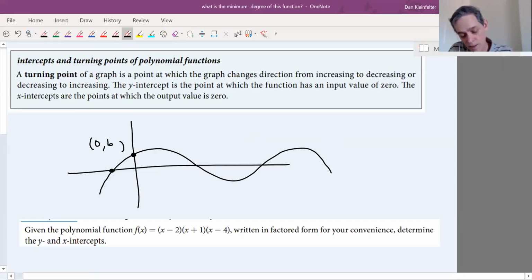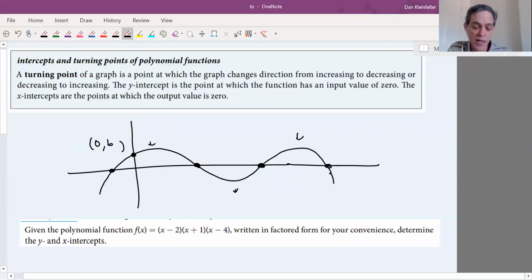And there's 1, 2, 3, 4 x-intercepts. Okay, so there's several turning points: 1, 2, 3 turning points, 1 y-intercept, and 1, 2, 3, 4 x-intercepts. For y-intercepts, the input value is 0. For x-intercepts, the output value is 0.